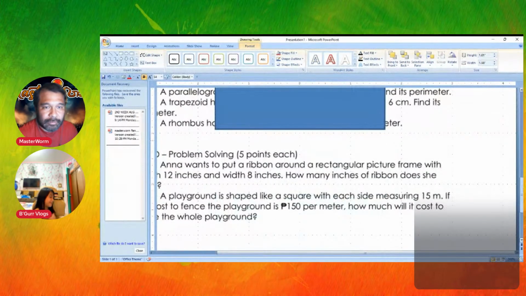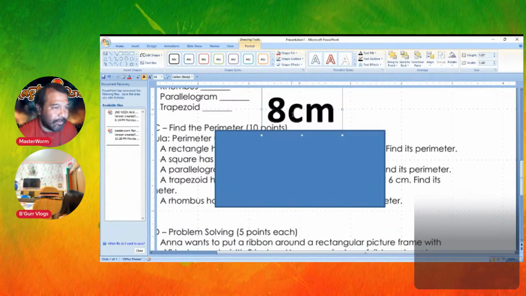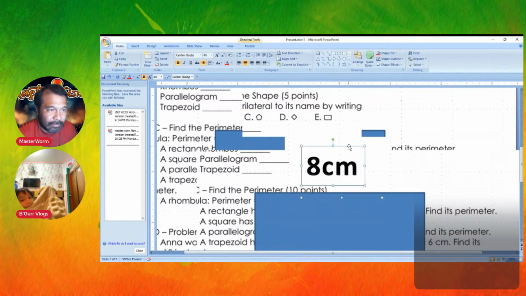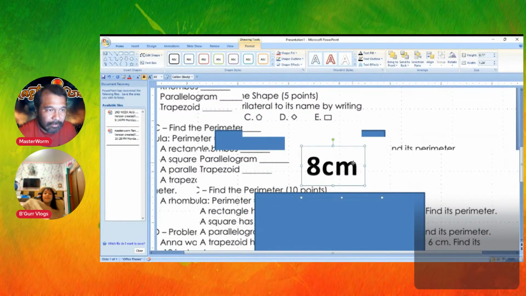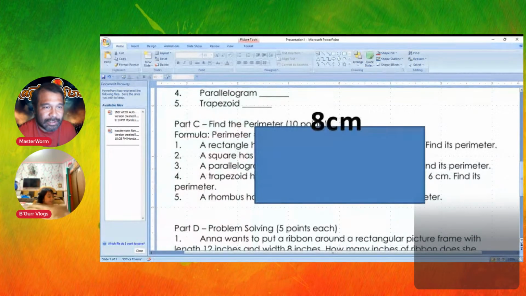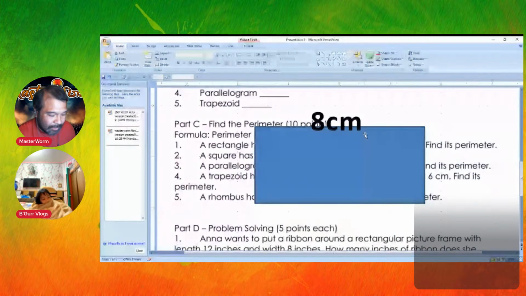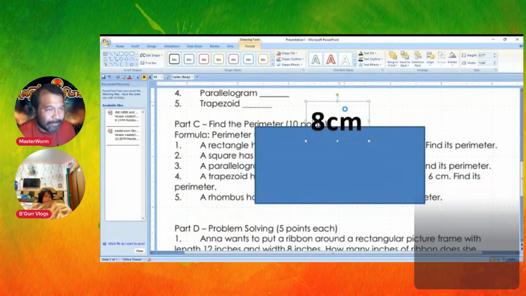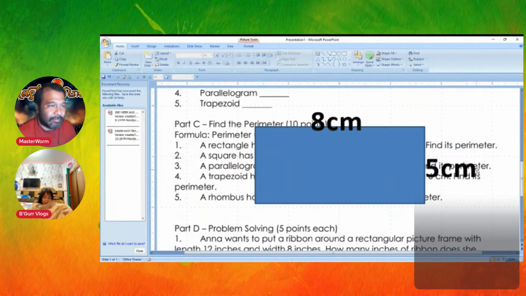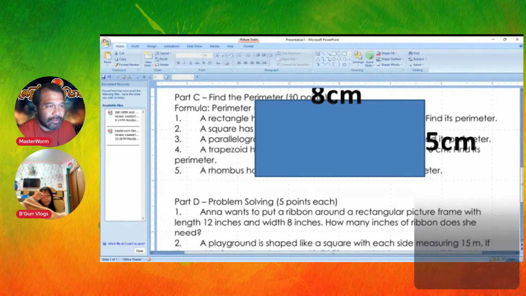This is how the rectangle looks on the question there. The question says it's going to be 8 centimeters and 5 centimeters. This is the instruction, the question there.